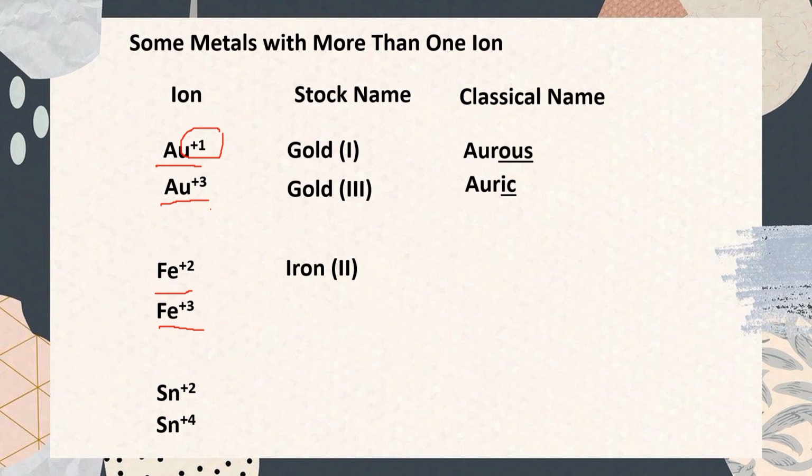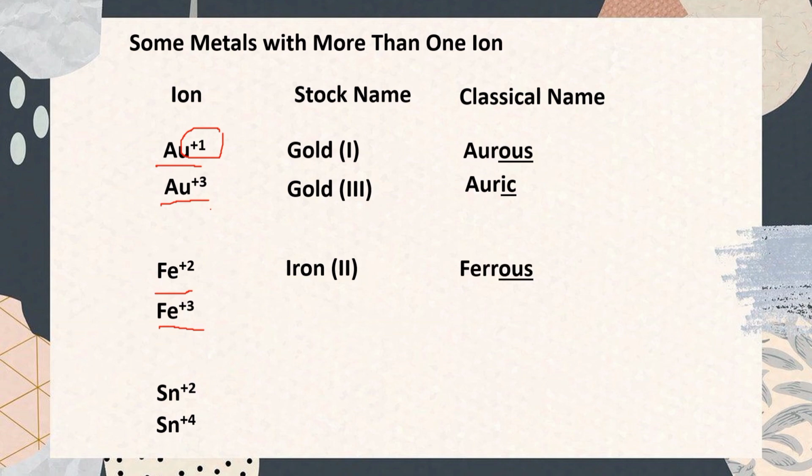How about its classical name? Since iron 2 bears the lower charge, we simply add the suffix OUS to the first syllables of the Latin name of iron. And the Latin name of iron is ferrum. Therefore, its classical name would be ferrous.